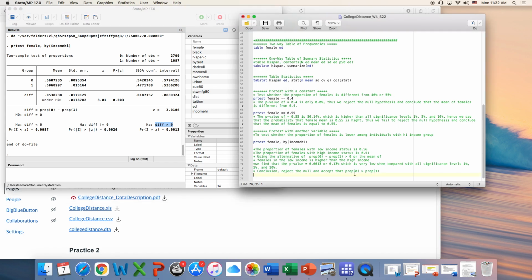In other words, I accept the alternative that the proportion of females in the low income group is statistically significantly greater than the proportion of females in the high income group, right? Because this one represents the 0 for the low income group. This one represents the 1 for the high income group, right?